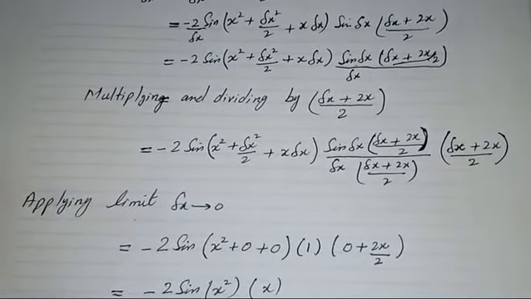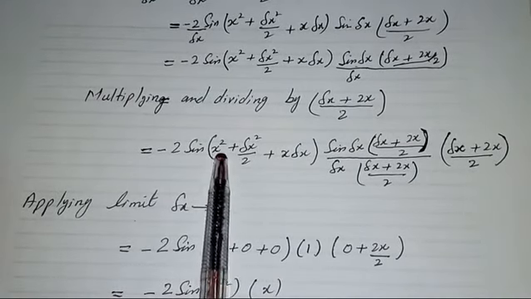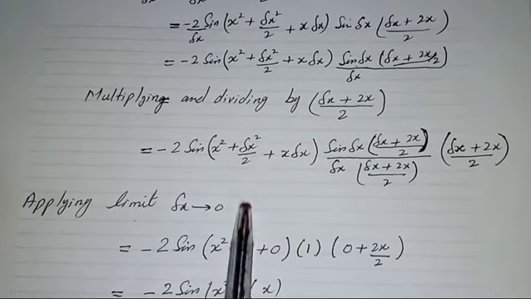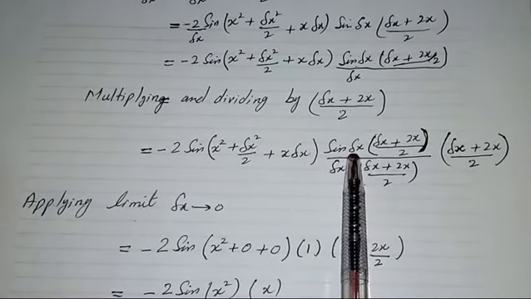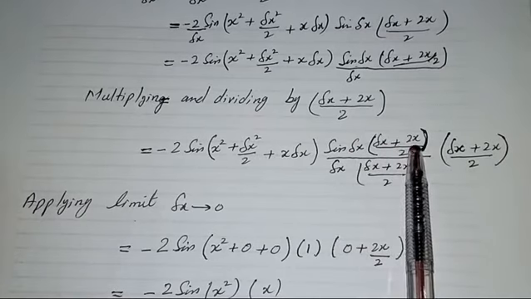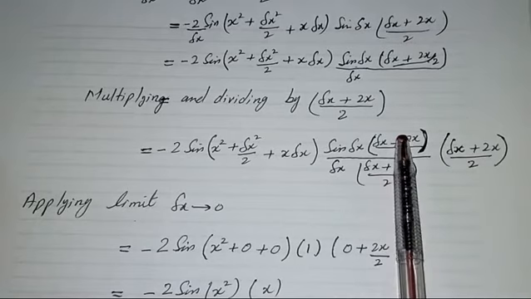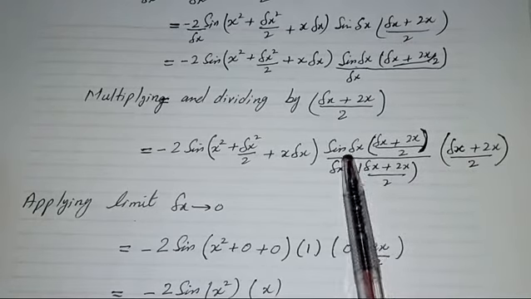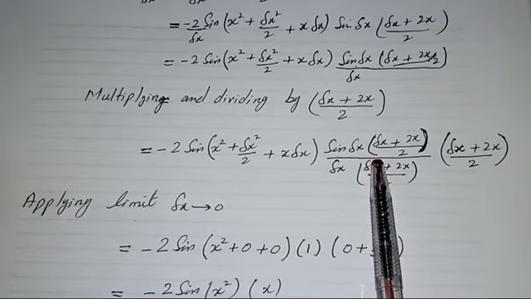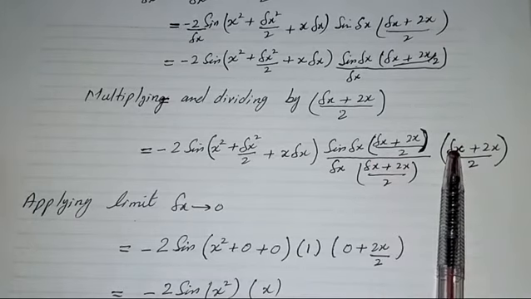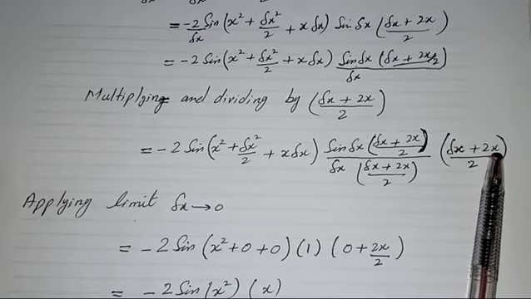And what's the fourth step? Applying limit delta x on both sides. Minus 2 sin x square, delta x tends to 0 becomes 0. Delta x tends to 0, written here 0. Sin of (delta x plus 2x over 2) over (delta x plus 2x over 2), so it becomes 1, by applying formula limit theta approaches 0, sin theta over theta is equal to 1. While this term delta x is 0, by applying limit, left behind 2x over 2.